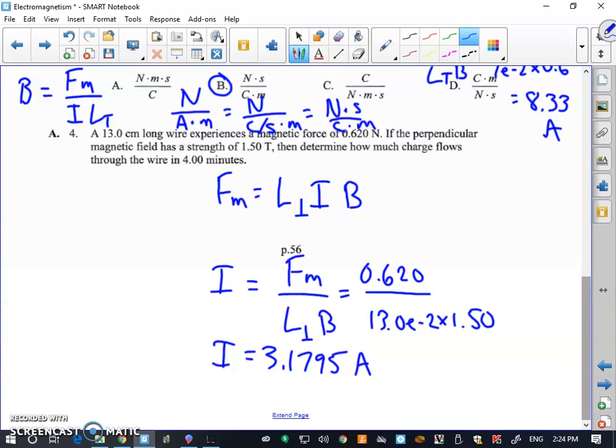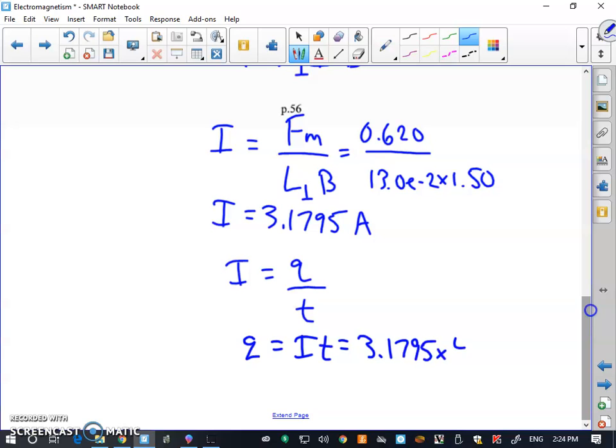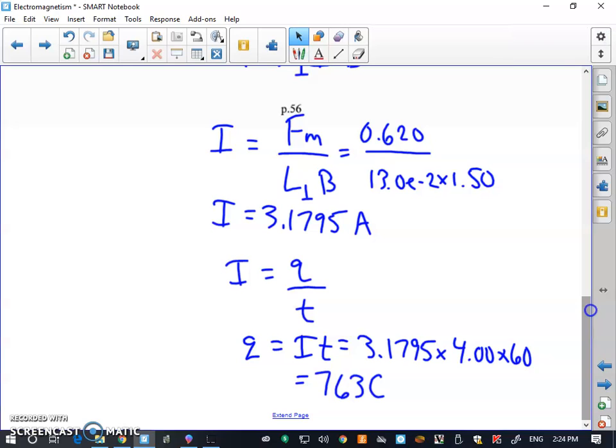How much charge flows through the wire in 4 minutes? So what we have here is I equals Q over T. We want Q is I times T. So 0.1795 amps multiplied by 4 minutes times 60 seconds in a minute. We still want to keep 3 sig digs though, okay? 43.1 coulombs. All right, we'll stop it right there.